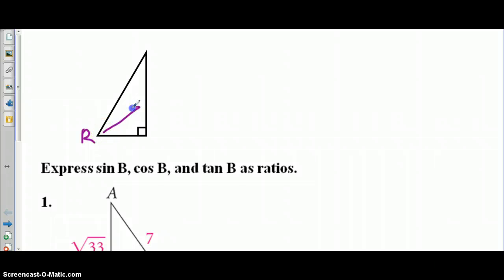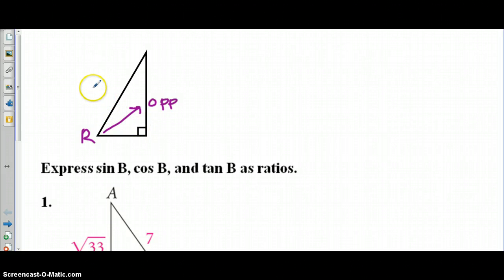Across from angle R is a side of the right triangle, and we're going to call this the opposite side because it is across from our reference angle R. The other two sides are adjacent, or next to, angle R. One side is also across from the 90-degree angle.